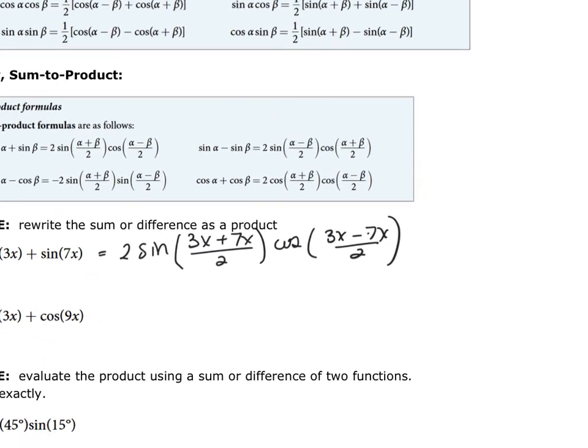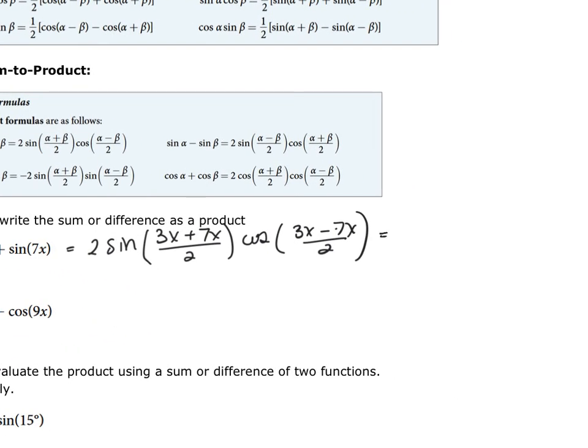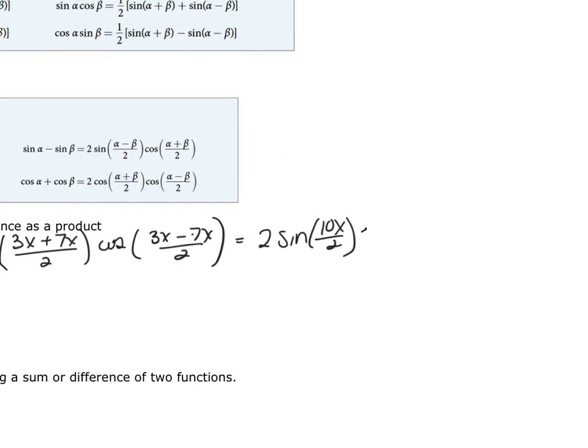We're just going to clean this up a little bit. So this is going to be 2, the sine of 10x divided by 2, the cosine of -4x divided by 2. Now just as a reminder, the cosine of -x, because it's even, is the same thing as the cosine of x.